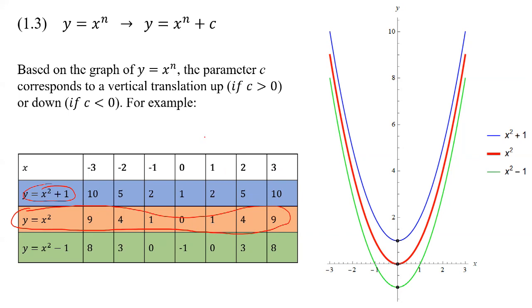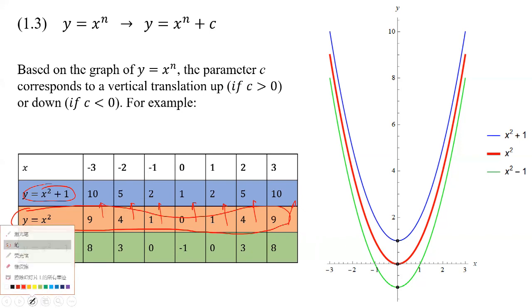Which is equivalent to translating the original function 1 unit up. Understand? As you can see here, by 1 unit up, the original function moves to the new function, right? Okay, any questions?